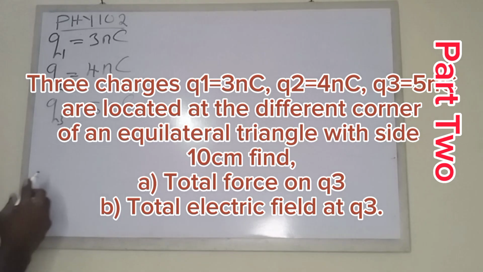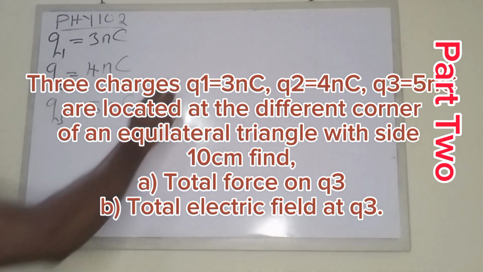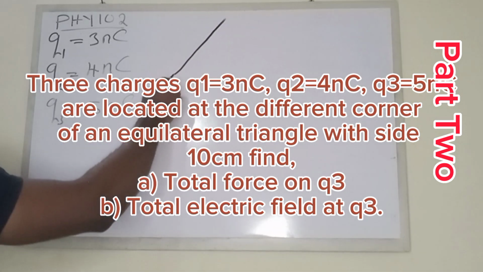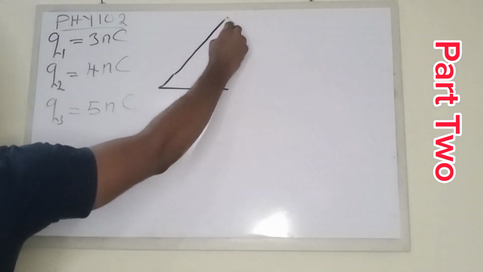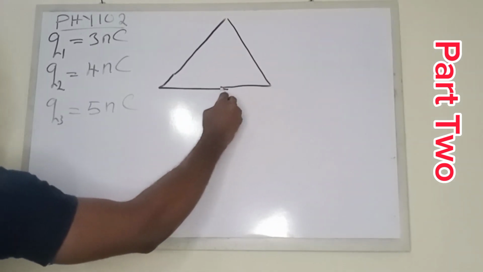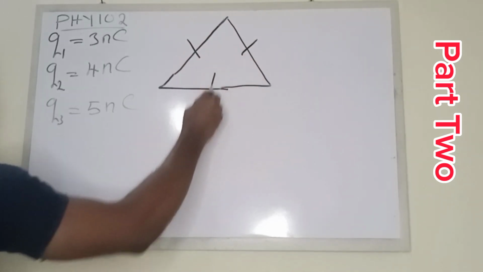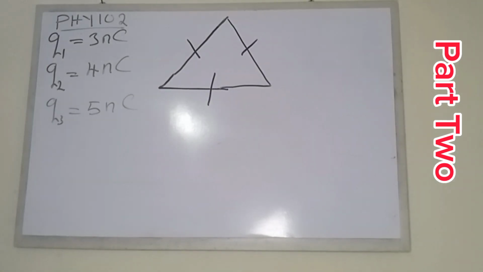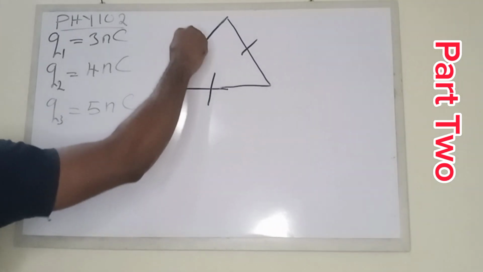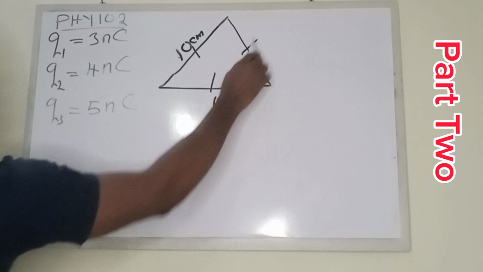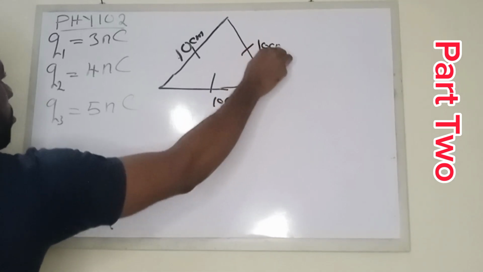Assuming we have our equilateral triangle, it is a type of triangle where all the sides are equal. Therefore, this is 10 centimeter, this is also 10 centimeter, and this is also 10 centimeter.